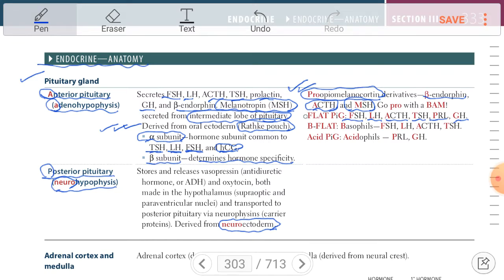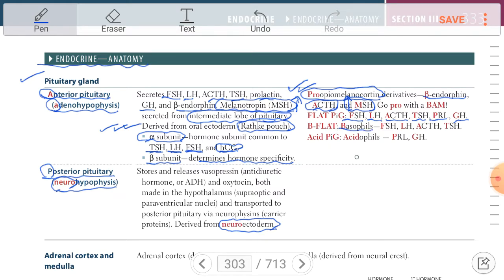Because MSH is specific for hyperpigmentation. So if there is an increase in ACTH, MSH will increase, leading to hyperpigmentation, because there is a common origin for both of them, which is pro-opiomelanocortin.